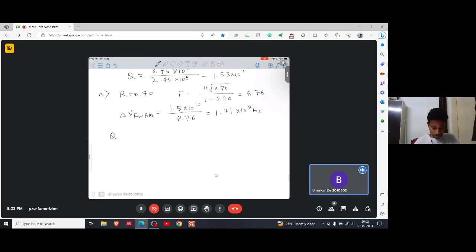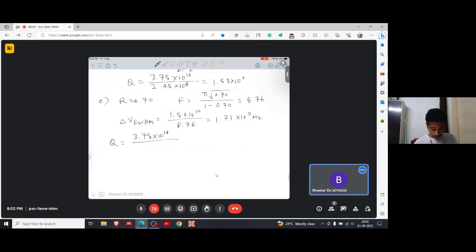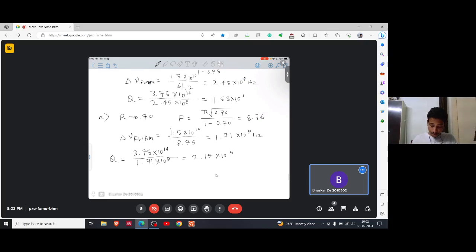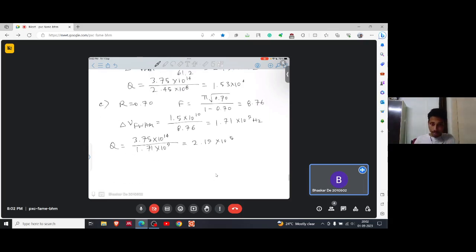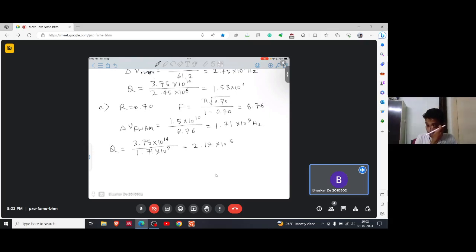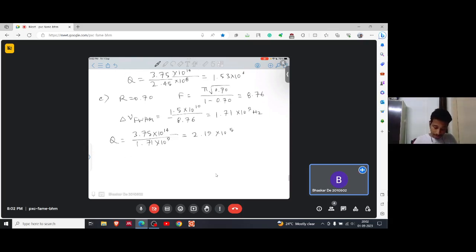Then Q equal to 3.75 into 10 to the power 14 by 1.71 into 10 to the power 9. It will be 2.19 into 10 to the power 5. So now we have the value of F and Q for different reflectivity.